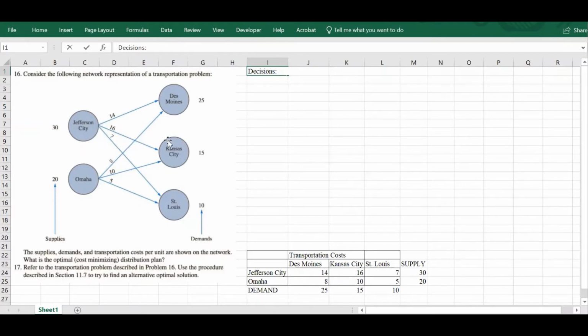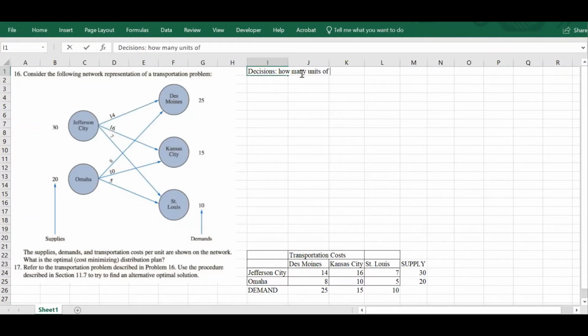We have 2 suppliers and 3 buyers. So in total, there are going to be 6 potential routes that we can ship product through. And we need to know how many units are going to be shipped through each one of these routes.